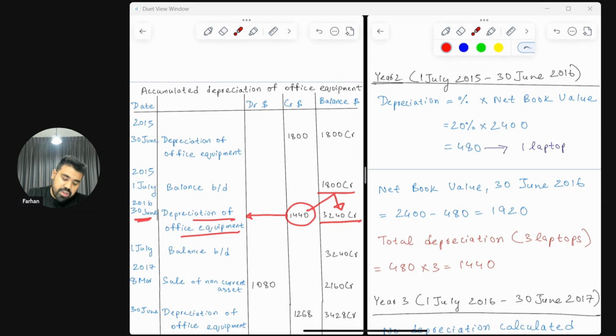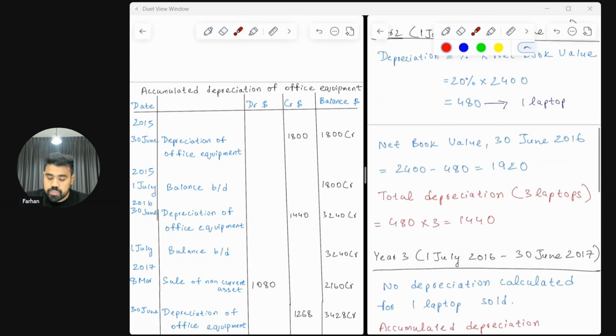Now this balance gets carried forward as the opening balance on 1 July 2016, which is the year 3 we're talking about, and that's $3,240 credit. Why is it always credit? Because again, accumulated depreciation is a contra asset account, which means by default, it should always have a credit opening balance. Now, let's do the calculations for year 3.